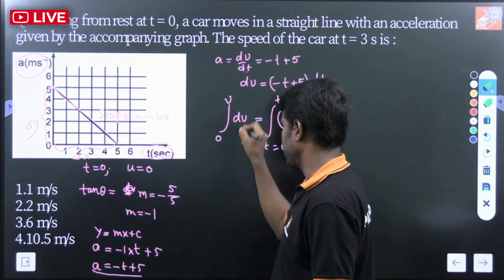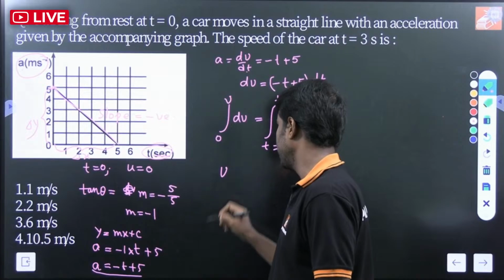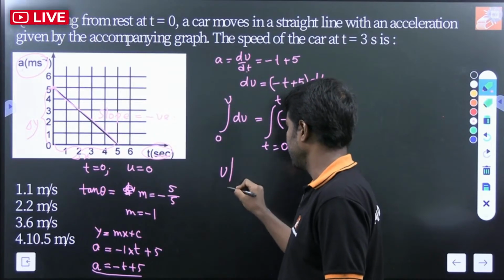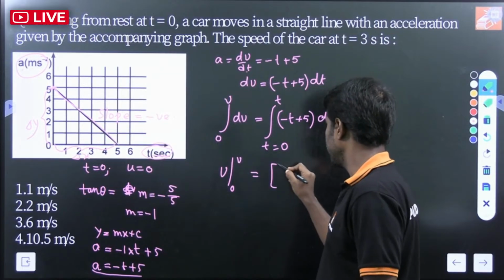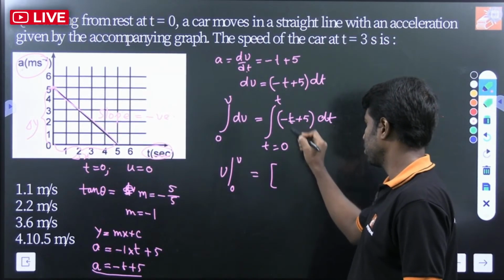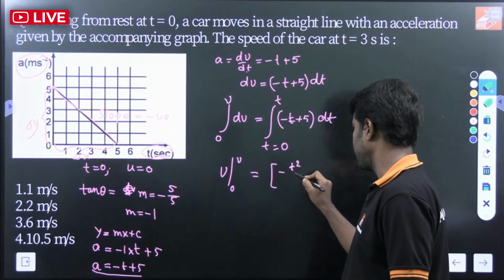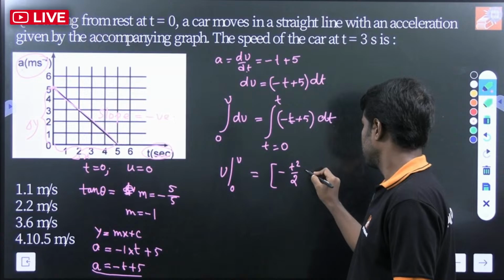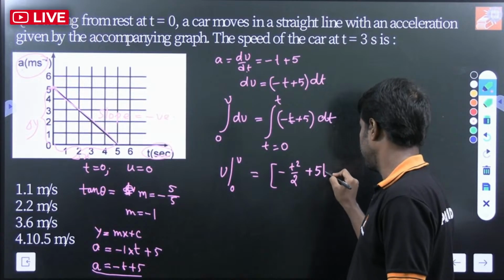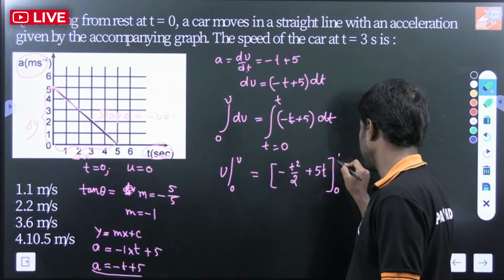So from there we'll get integration of dv is v. Our upper limit and lower limit would be 0 to v. That should be equal to, now if we integrate this one, that will become minus t square by 2, because t power 1 is here. So plus 5 into t, and limit 0 to t.